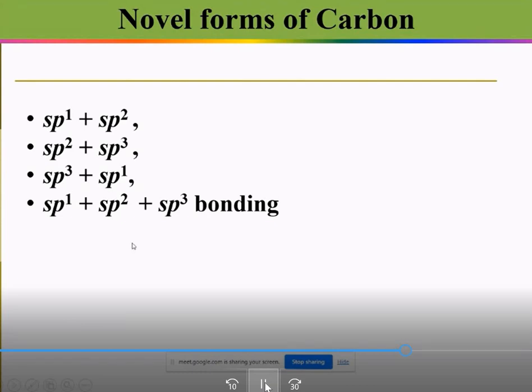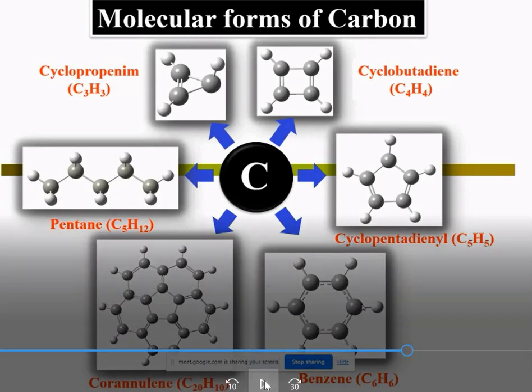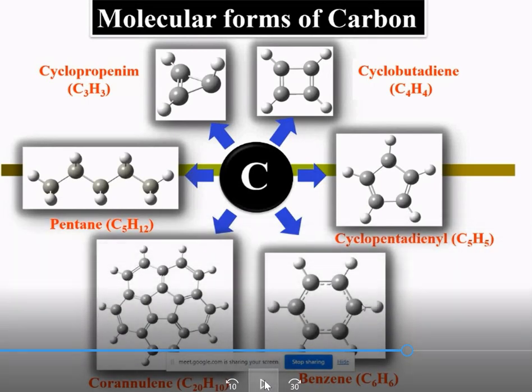For example, you can have something in which you have sp1, sp2, or sp2, sp3, or sp3, sp1, or even sp1, sp2, sp3 bonding. As a matter of fact, there are about 500 plus allotropes of carbon.